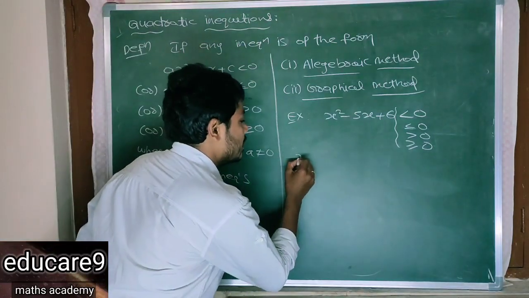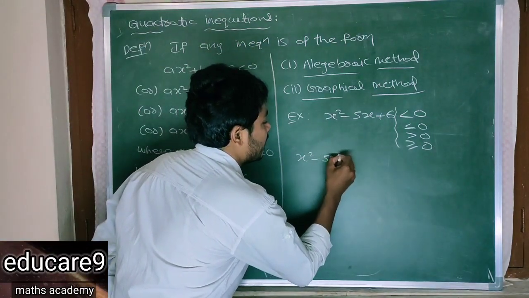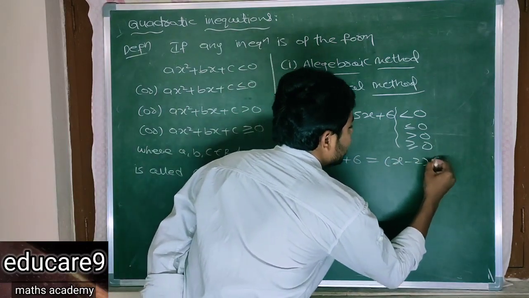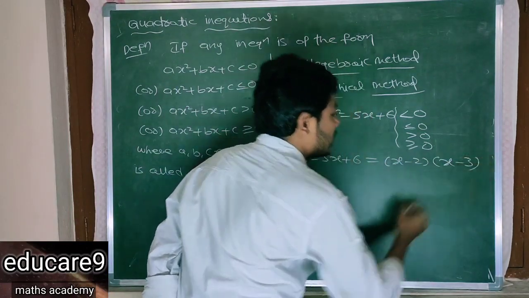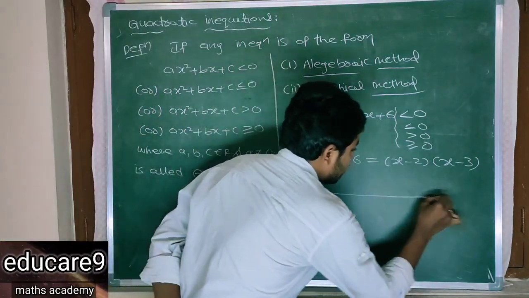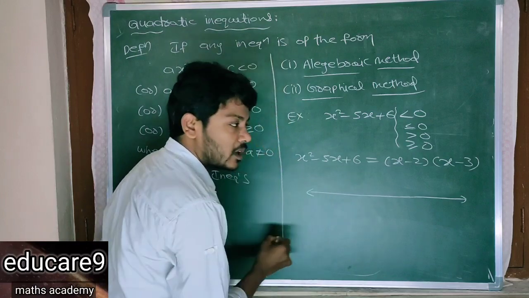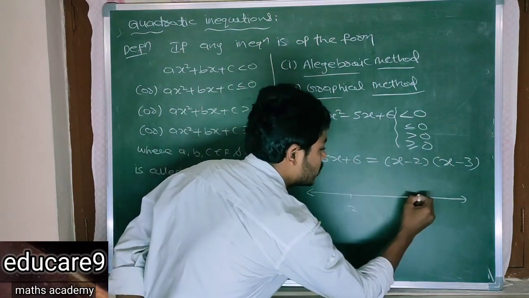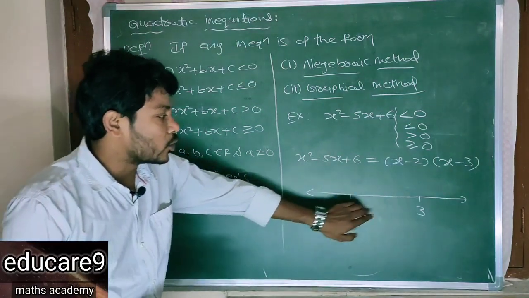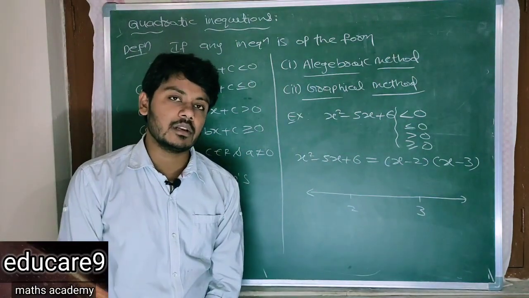That is, x square minus 5x plus 6 written as (x minus 2) into (x minus 3), and draw the real line and locate the points 2 and 3. These are the roots of the given equation.